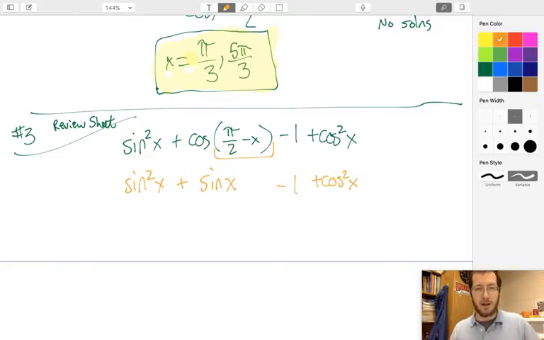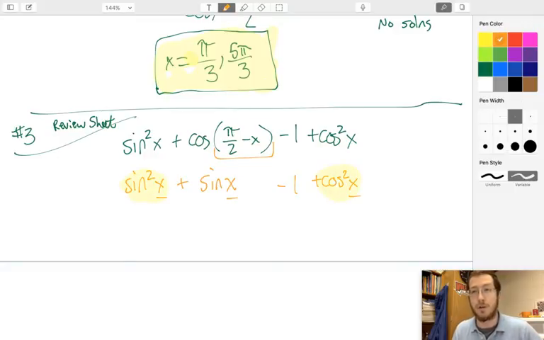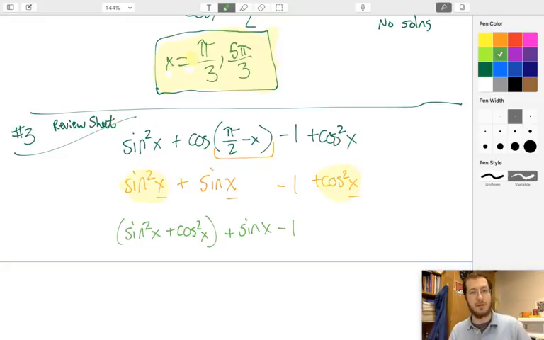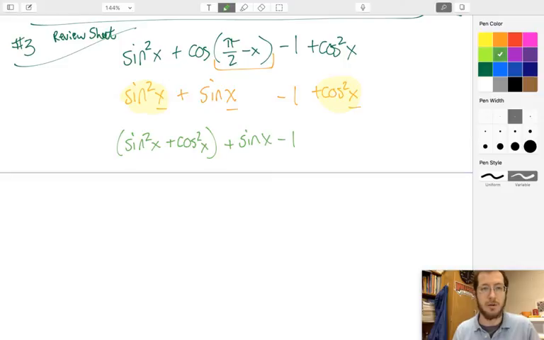Okay, so now we've got all of our angles the same. Next I see we have a sine squared plus cosine squared of x. If we group those together, that's our Pythagorean identity. On a problem like this, please write this step if this were on your test tomorrow, so I can see your thinking in the process.